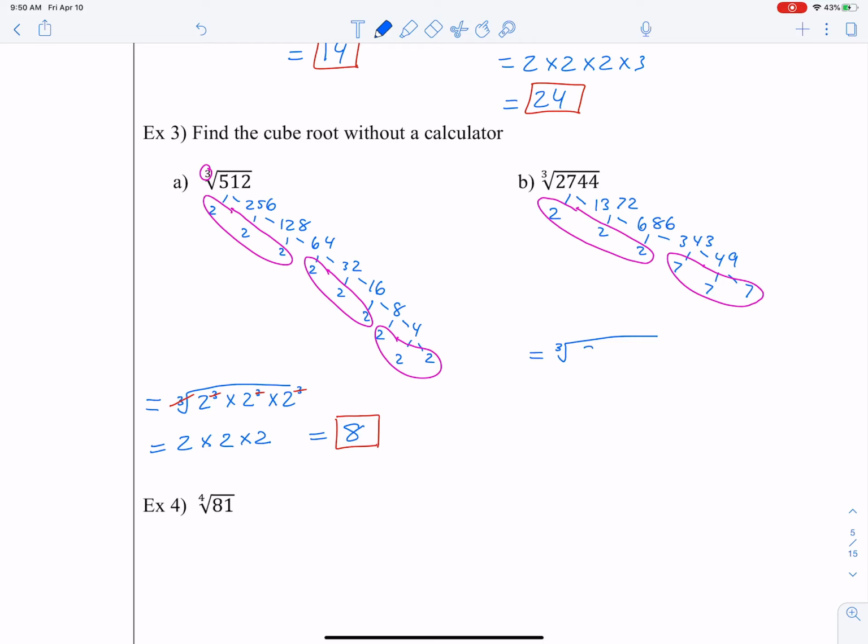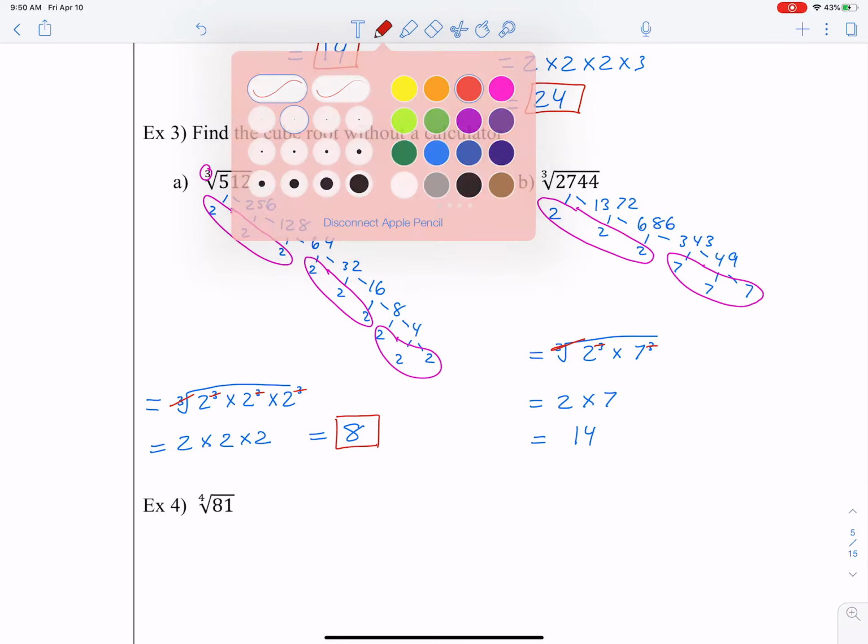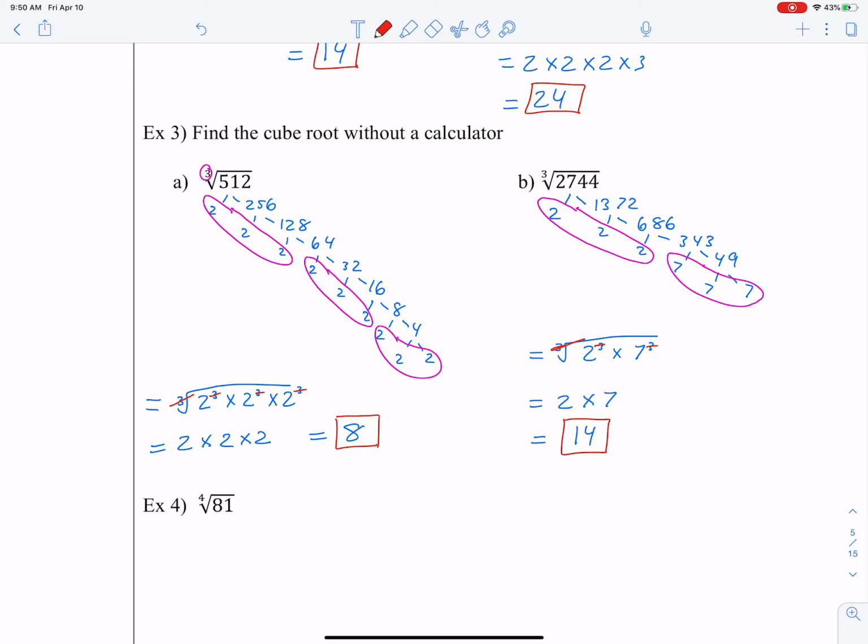And I have 3 2s, so 2 to the 3, and 3 7s, 7 to the 3. And then this, and this, and this will cross out. So I get 2 times 7. I multiply 2 and 7 together, and I get 14. So my final answer for this question is 14.